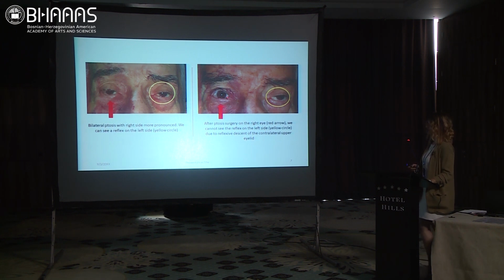It's especially challenging to achieve good eyelid contour when we have Hering's phenomenon, when we have contralateral lid droopiness after the surgery because of the symmetric innervation of both eyelids. So this was a really good lid height, but the lid contour was not optimal.